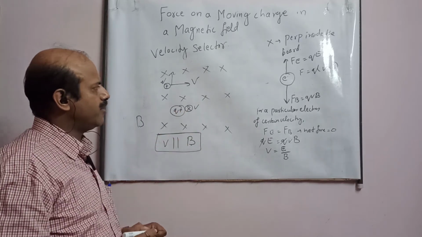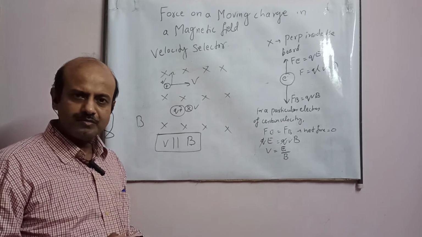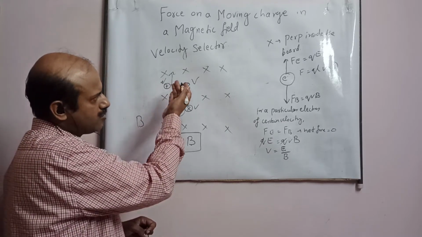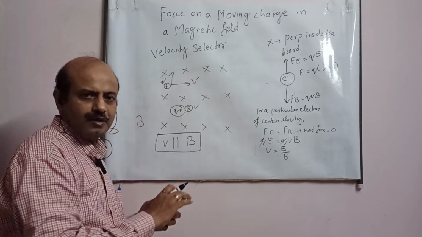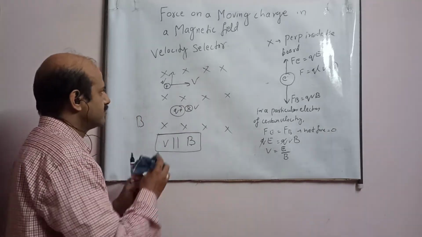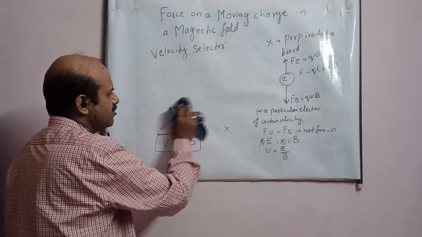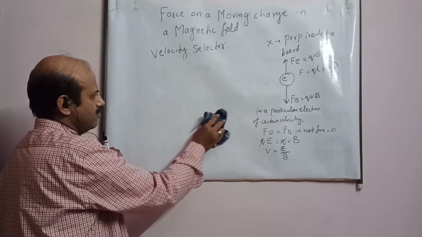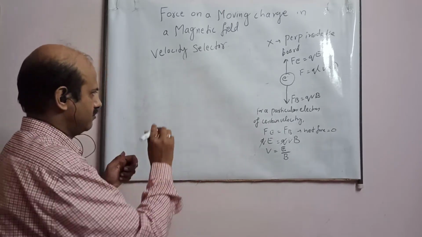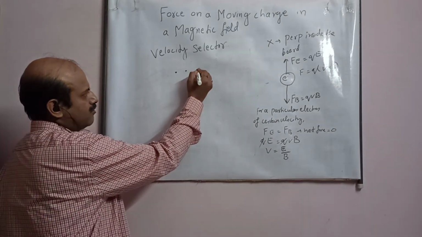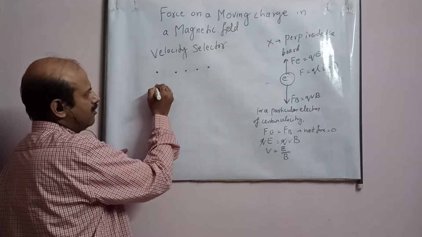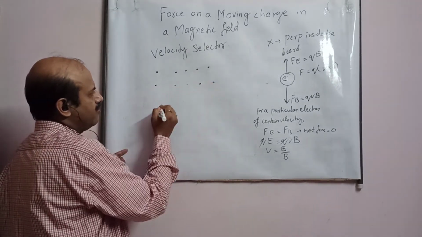Like this, student, you can take some other example. You take the magnetic field to be outside. Suppose the magnetic field is outside the board. Dot. This is the magnetic field.